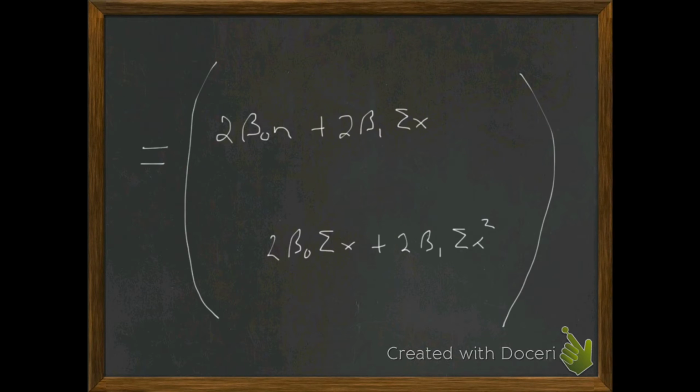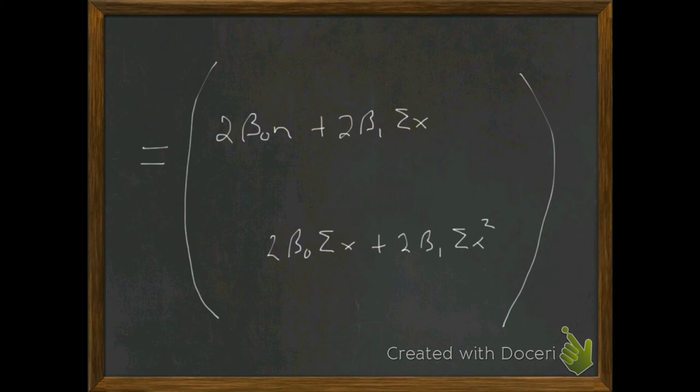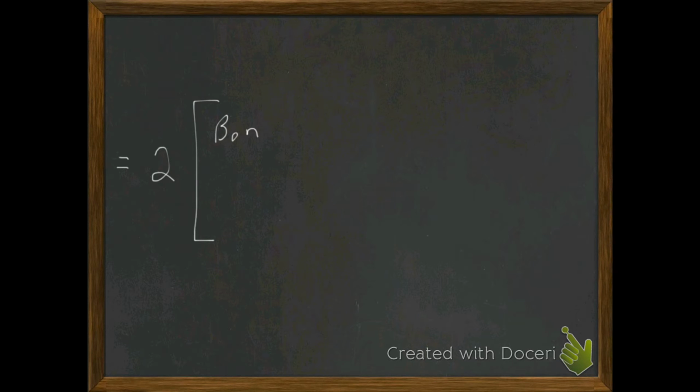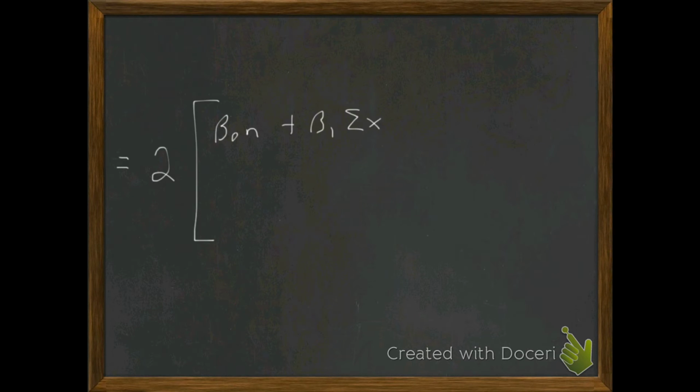And what we're left with then is beta 0 n plus beta 1 sum x, and we're left with beta 0 sum x plus beta 1 sum x squared.